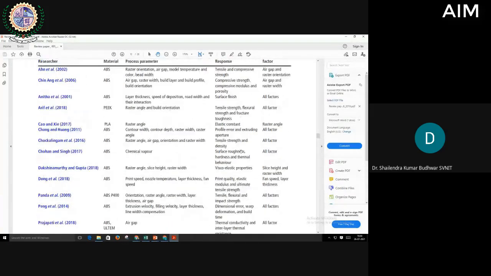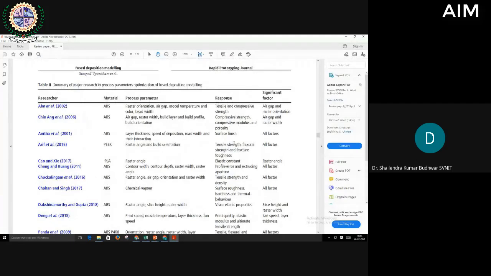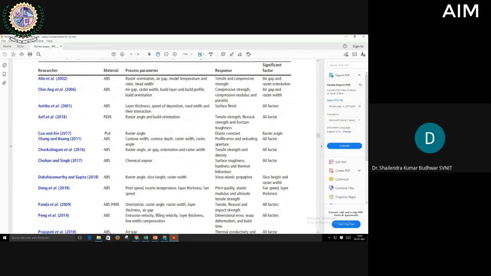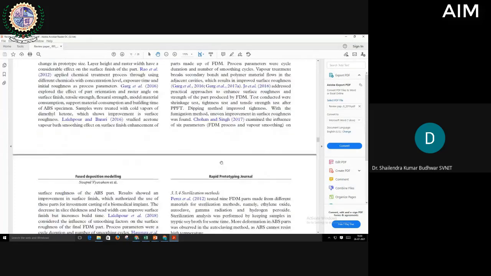So all these responses are being investigated by worldwide researchers, who identified the significant parameters and the optimal values to get the maximum values of all these responses during the FDM process.